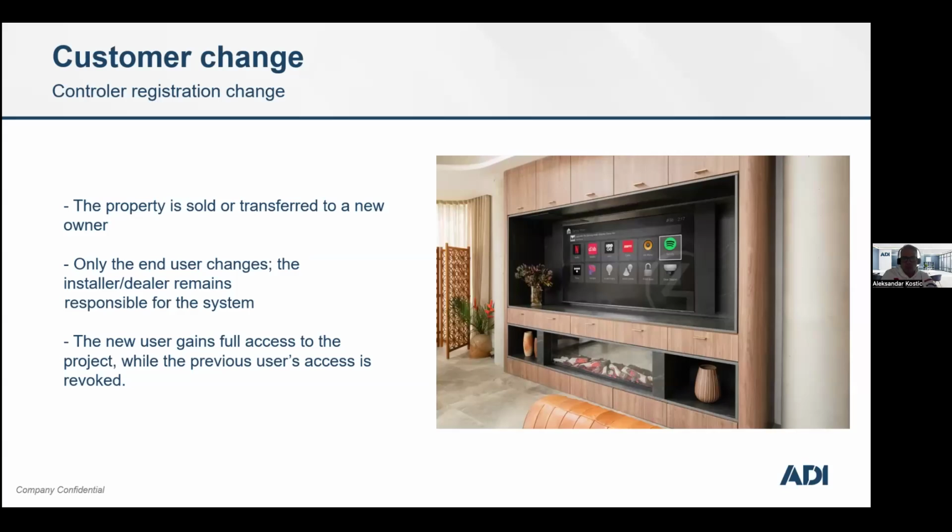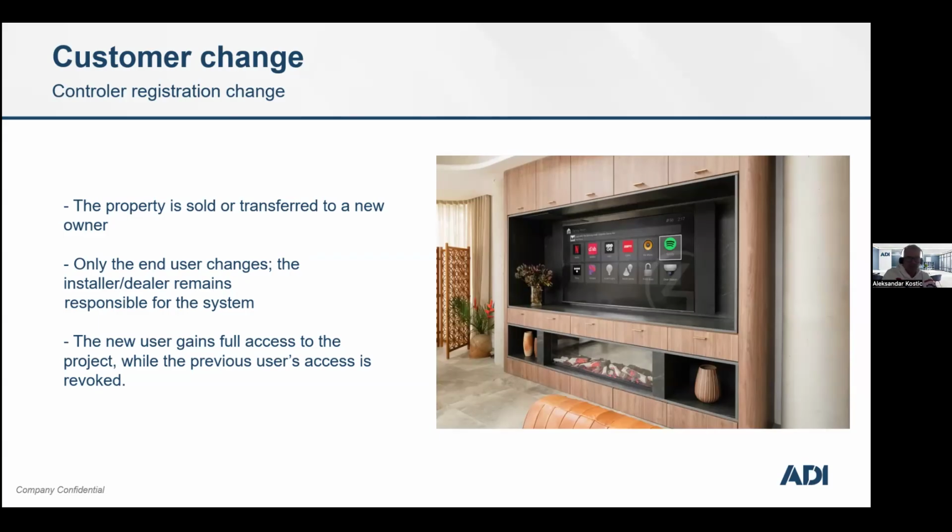We change only the account where our Control4 project is registered. A typical case like this is when the property where Control4 is installed is sold or transferred to a new owner, then only the end user changes while the installer stays the same. So that means the installer who maintained the property is the same, just the owner of the house, the owner of the project, is changed in that case.